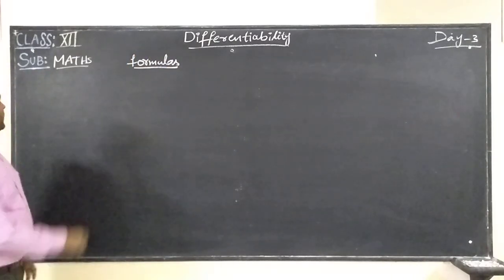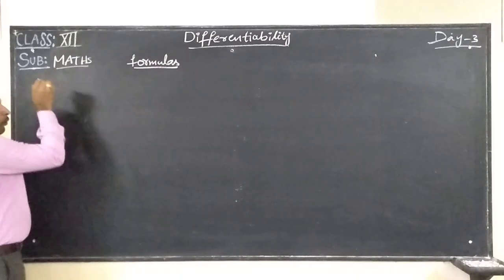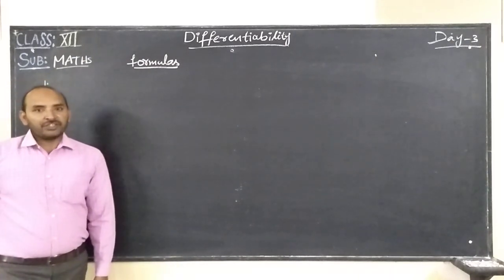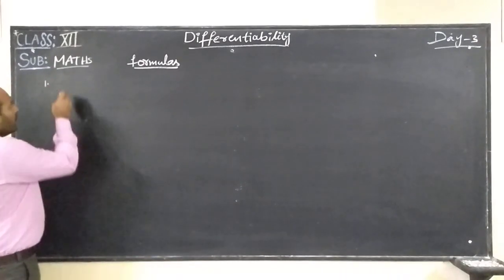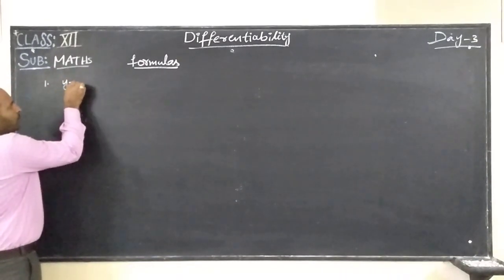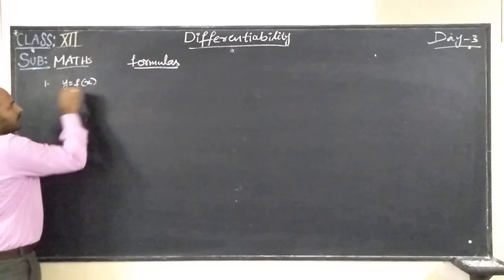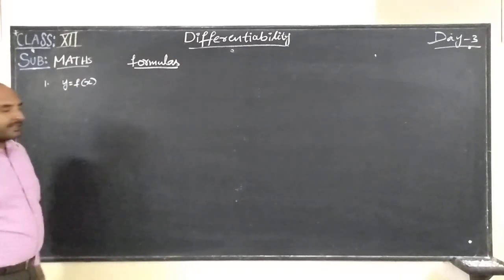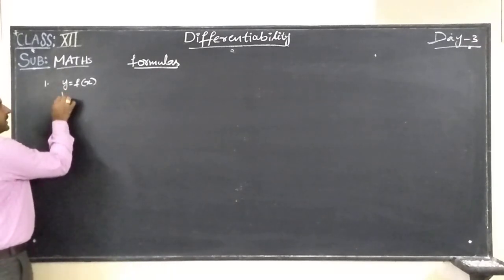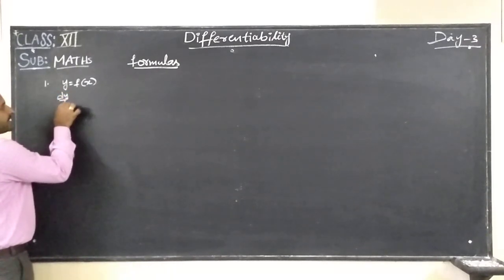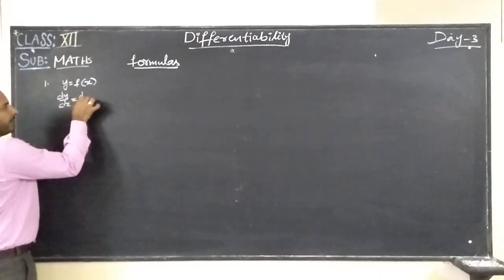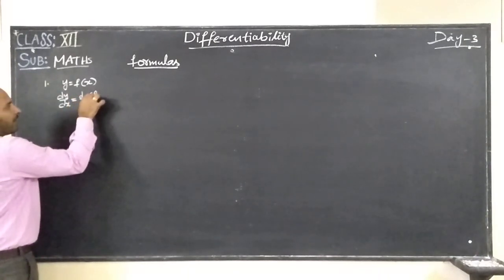First one, y is equal to f of x be a differentiable function. Differentiate with respect to x on both sides, we get dy by dx which is equal to d by dx of f of x.